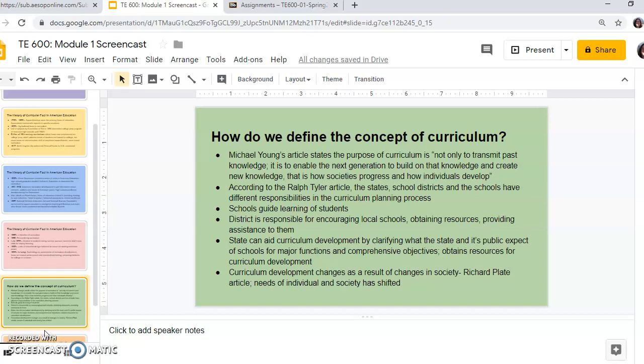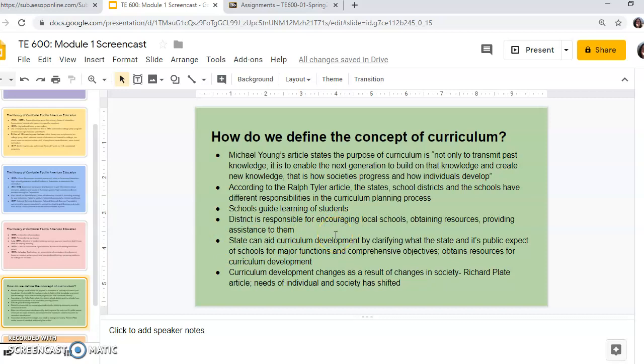And then the Ralph Tyler article states that school districts and the schools have different responsibilities in the curriculum planning process. So the school district and the state, as well as the local schools, all have a role. The schools guide learning of students, and the district is responsible for encouraging local schools, obtaining the resources that they need, and providing assistance.